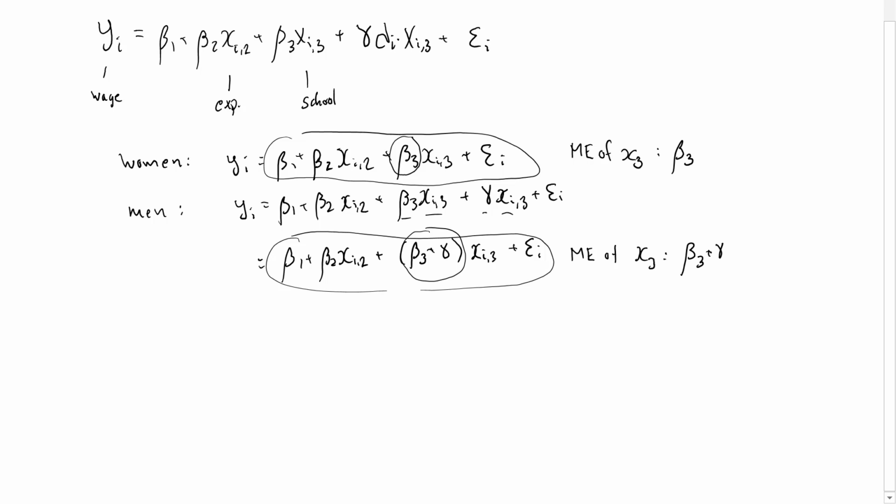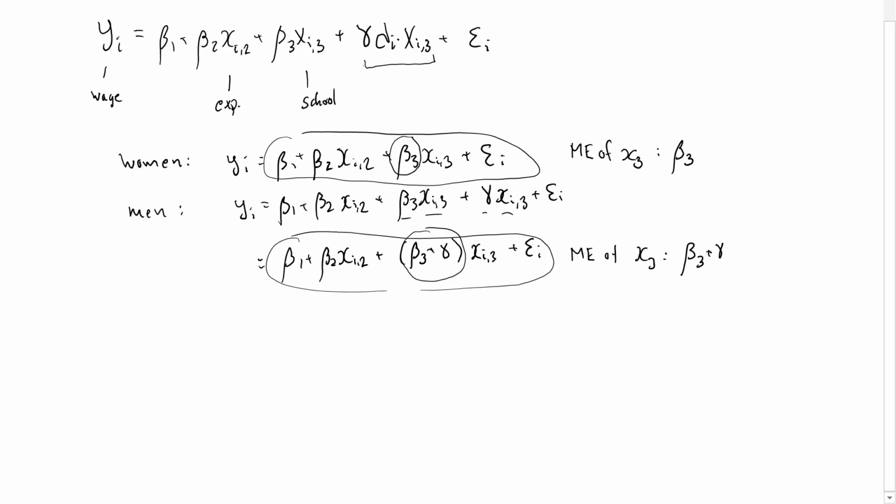So as you can see, the entire purpose of adding this interactive term is to allow the marginal effect of schooling to be different for men and women, and to allow the data to estimate these two different marginal effects.